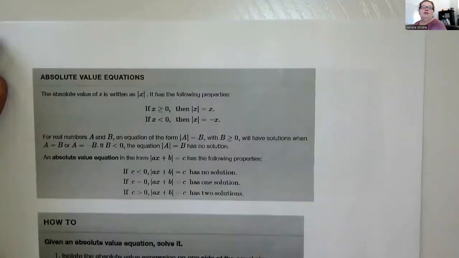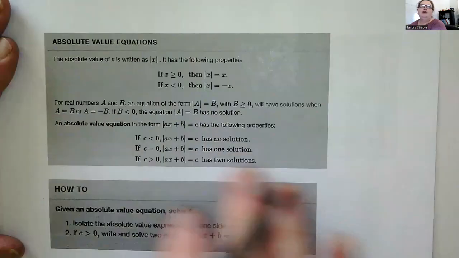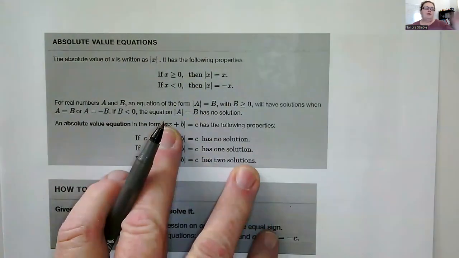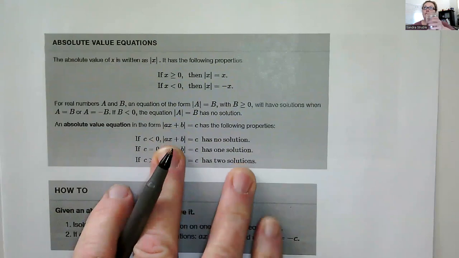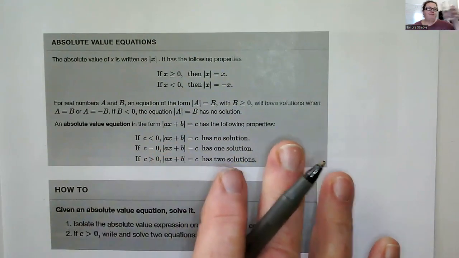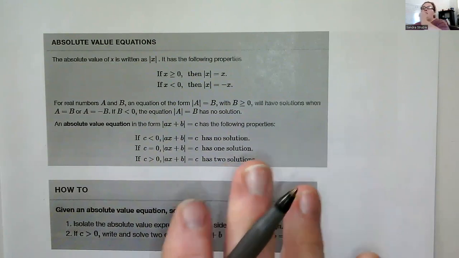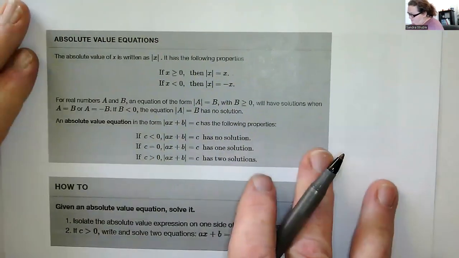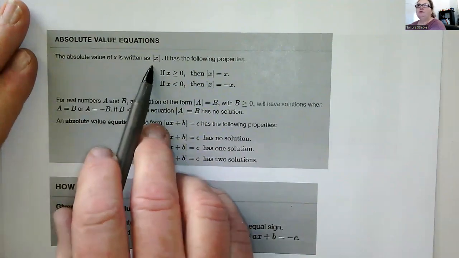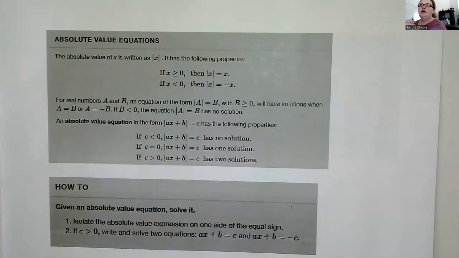Absolute value equations. Please make sure that you have access to this information in your notes when you're doing your test or your homework or whatever you're doing. Okay. So if the absolute value of x is written in this manner, to where there's 2 parallel lines on either side of the term, it has the following properties.